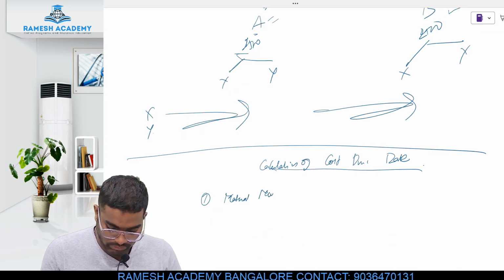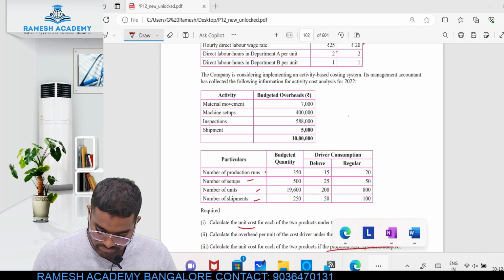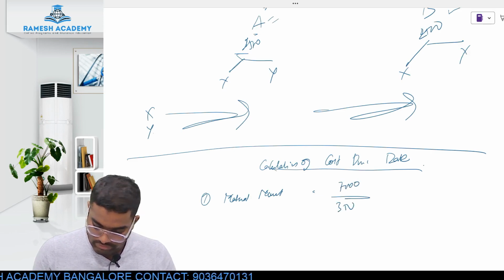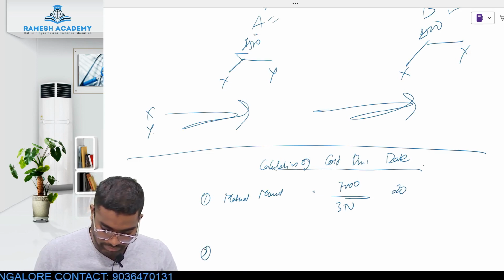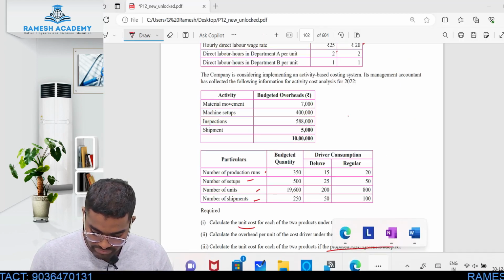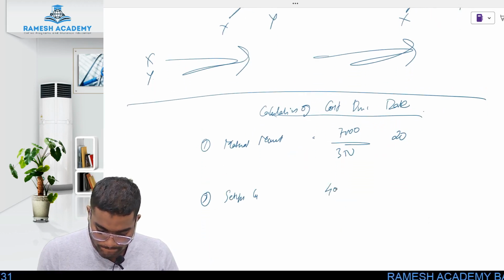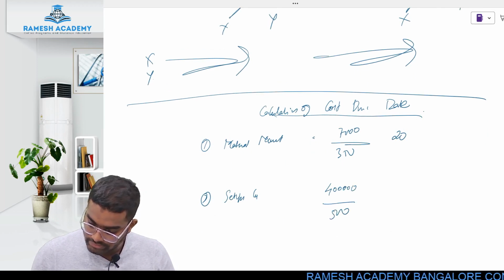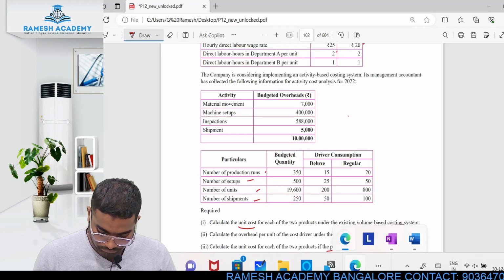Material movement, so how much was it? 7000 divided by 350, I guess it is 20. Okay, material movement is done. Next I'll go to machine setups. Setup cost, 4 lakh divided by 500, it is 800. Setup done.